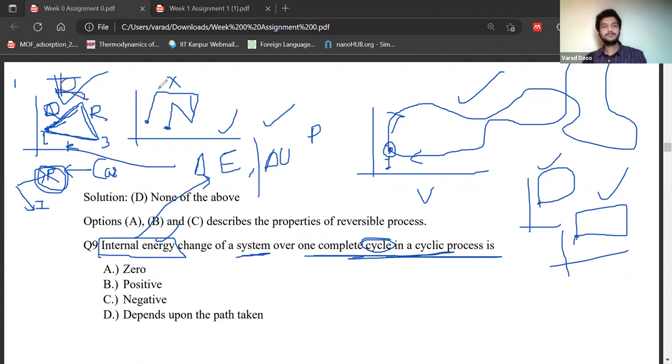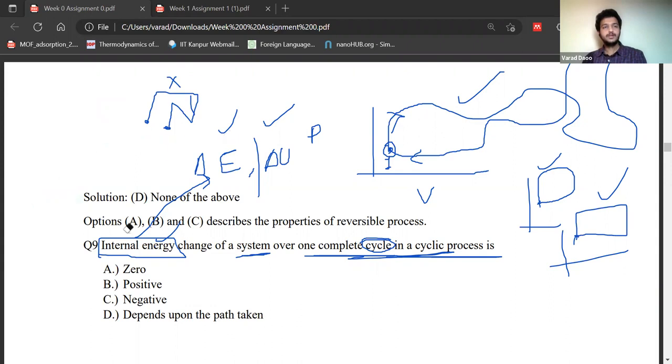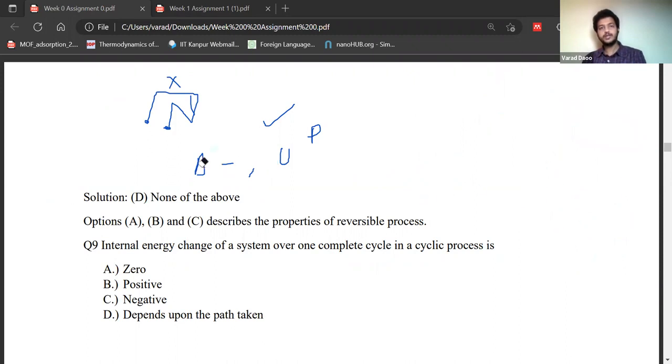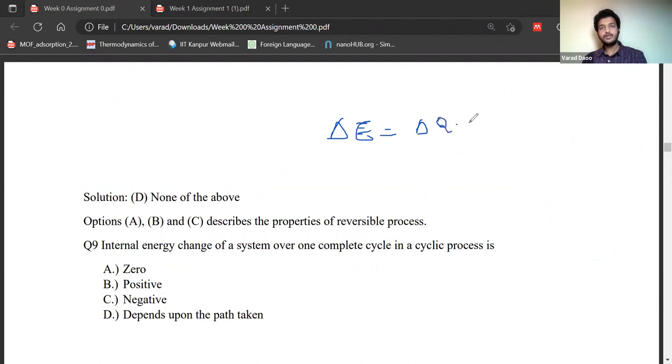Okay. So now let us go back to the question. The question is the internal energy change of a cycle over one complete cyclic process. Here comes the first law: delta E is equal to delta Q plus minus delta W, depending on what convention you are using.